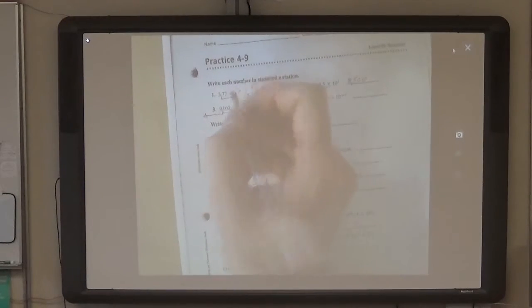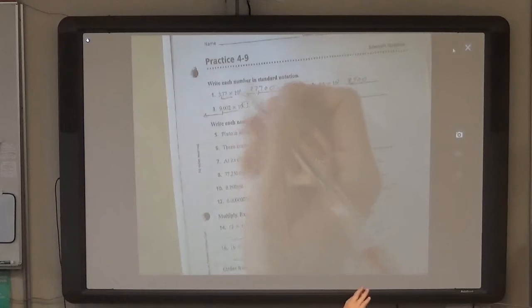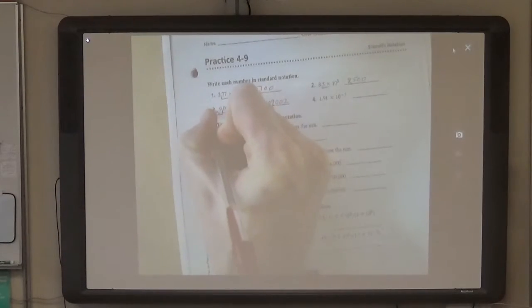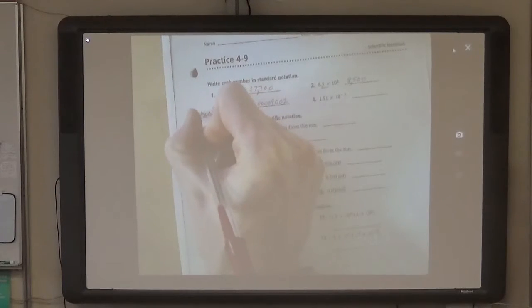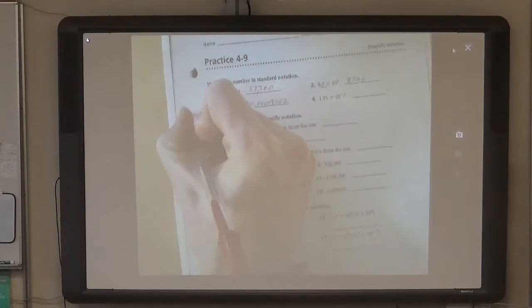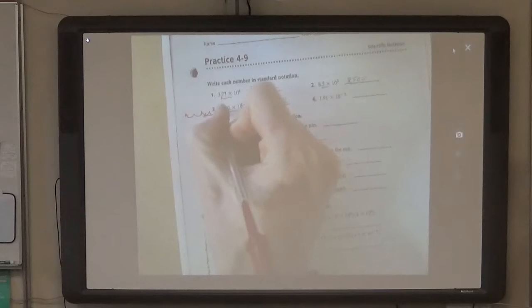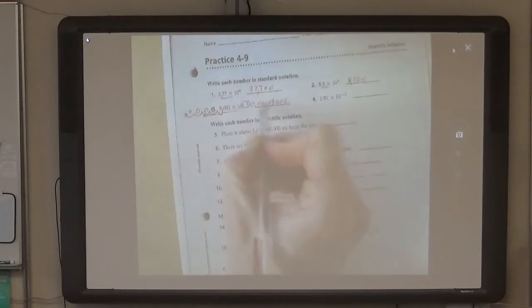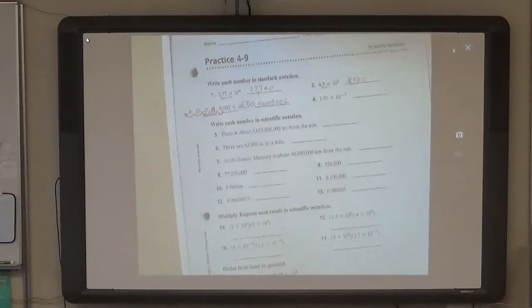Now, one of the things that might be helpful to you when you're doing this is to just make these little skips. So it's 1, and then 2, 3, 4, 5. And then you can see there'd be 4 zeros in front of the 9. It might be easier for you to get the zeros in the right place.